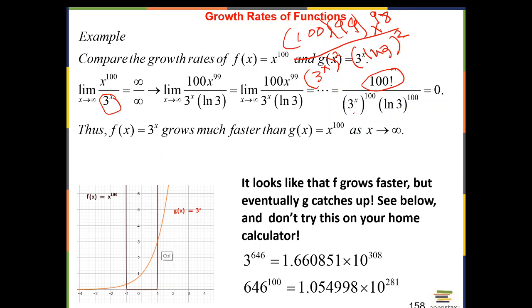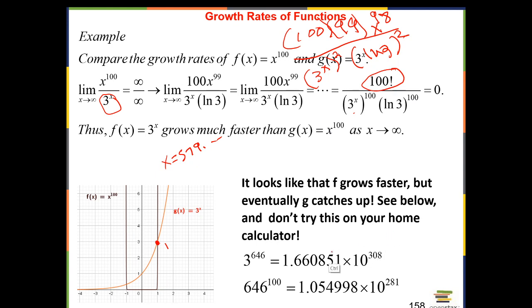So these two graphs intersect at 3 points. One is to the left of 0. They intersect at 1. And then they intersect way over there, at x equals 579 point something.